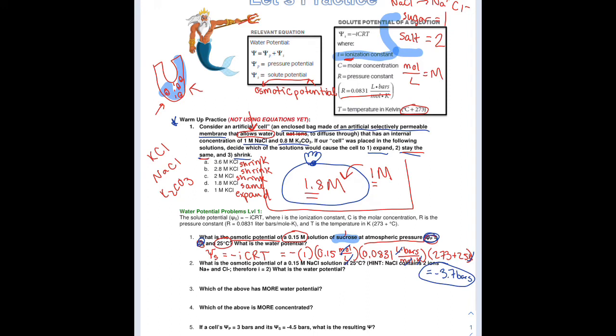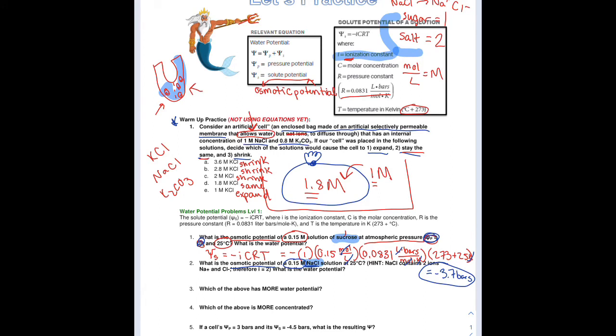Okay. Next, what is the osmotic potential of 0.1? This is important. It just changed to sodium chloride from sucrose. Why does that matter?